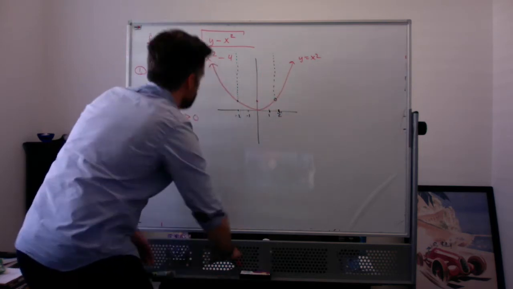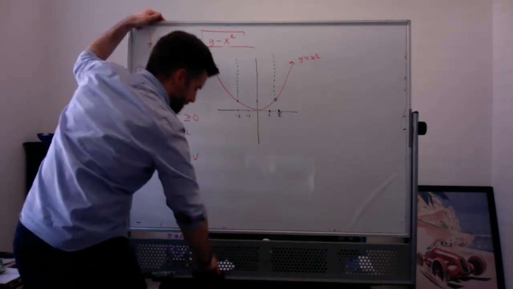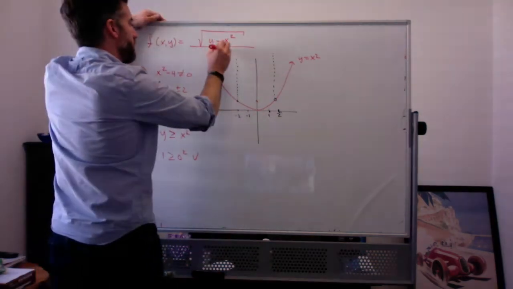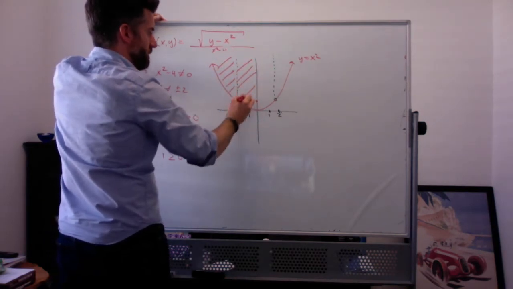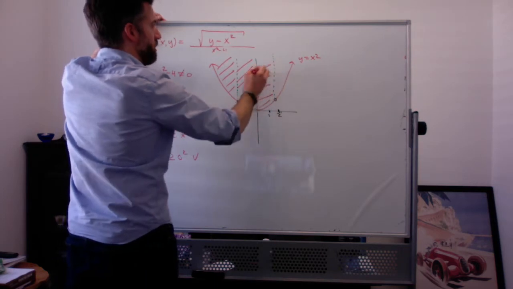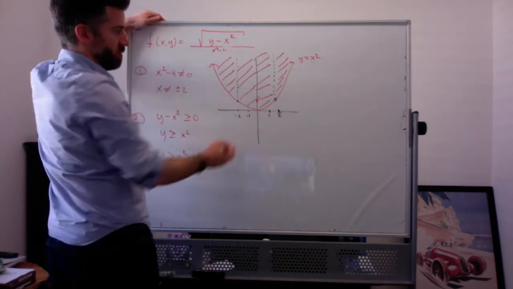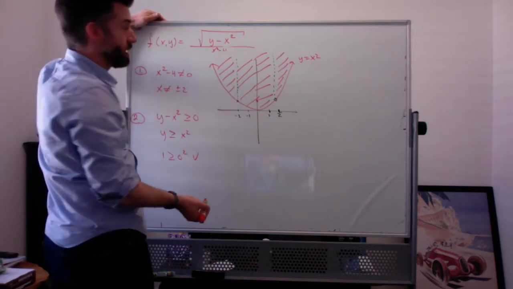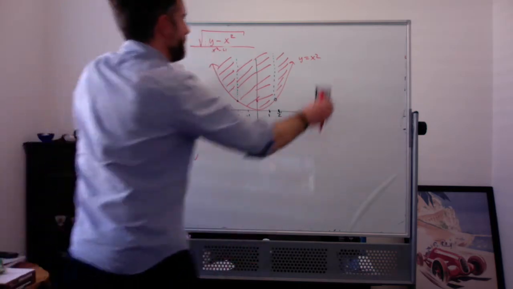So my domain looks like all of this, everything above the parabola y equals x squared, except for the vertical lines x equal to 2 and x equal to negative 2. Kind of weird.